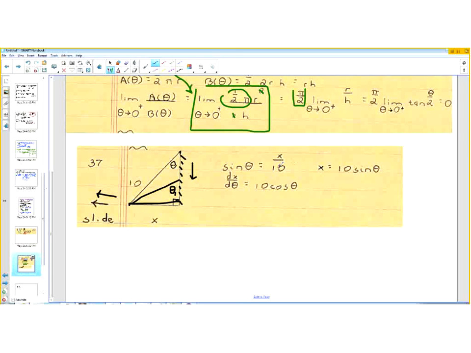And the length of the ladder, of course, is fixed. So all we do is we take the derivative of x with respect to theta, and we know that the derivative of the sine function with respect to theta is cosine theta, and so dx over d theta is 10 cosine theta. Okay, because x is equal to 10 sine theta. So that was pretty easy, almost trivial.